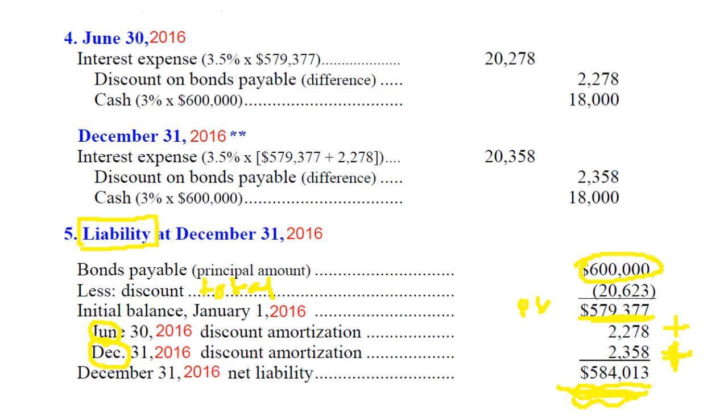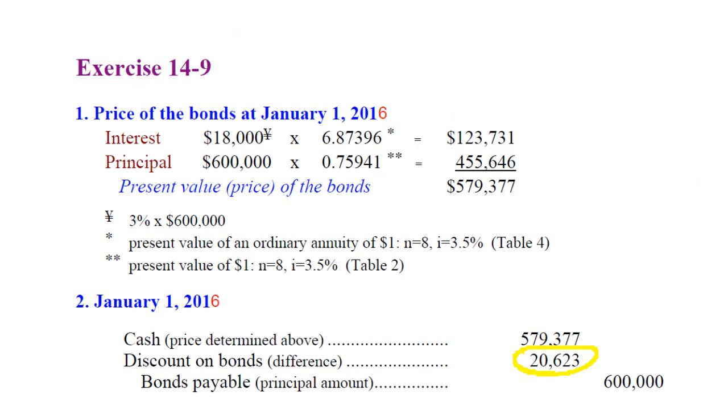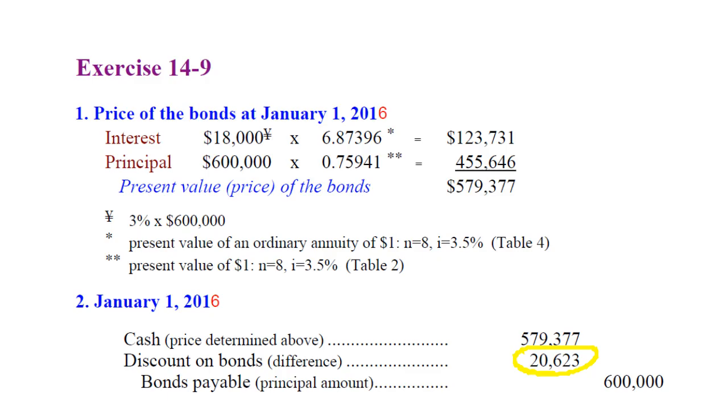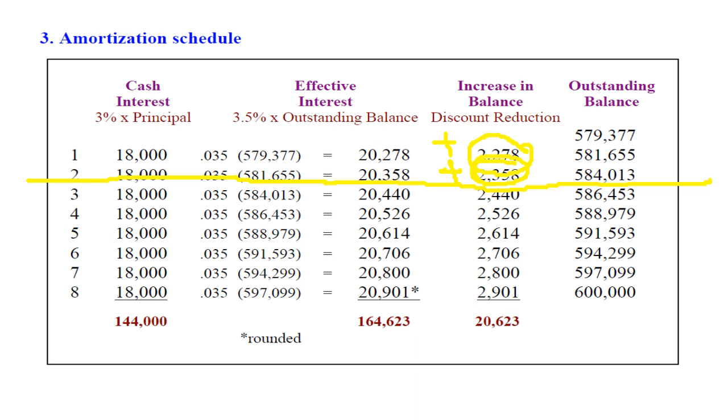I think then we have question number 7. How will it show in the income statement? In the income statement, we only show the interest expense. By the end of this year, we have 2 interest expenses. Again, from the amortization table, we have paid 2 interest expenses.